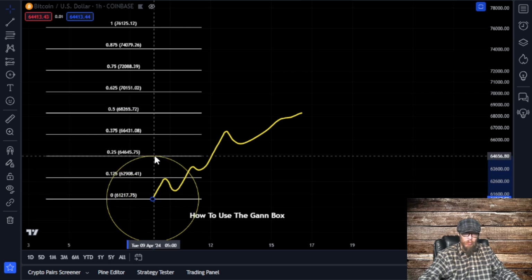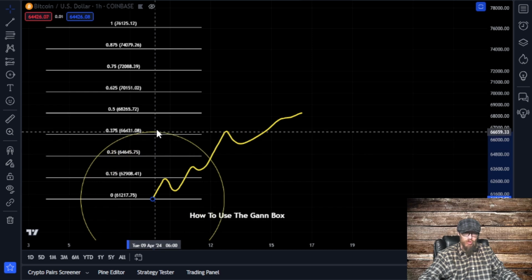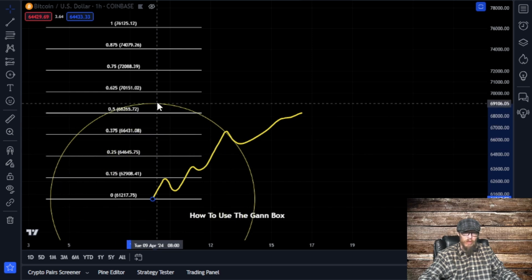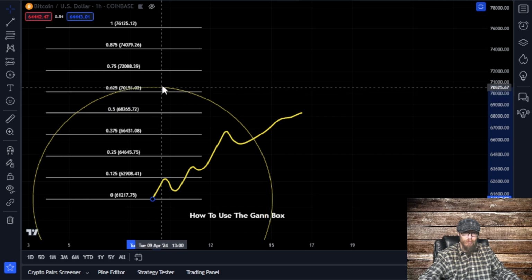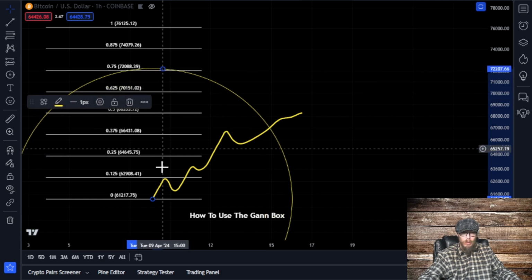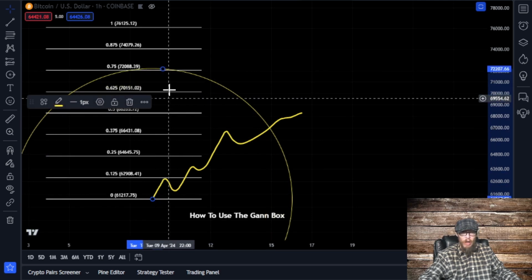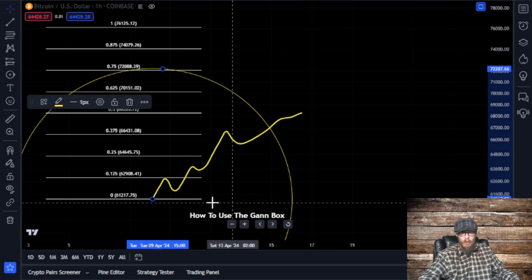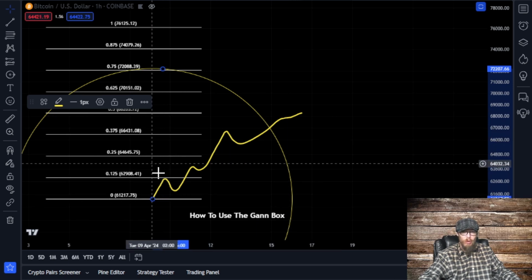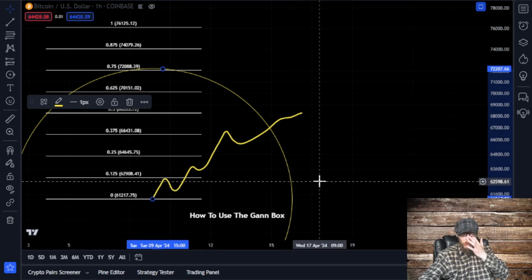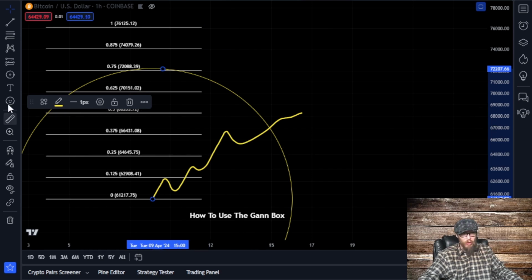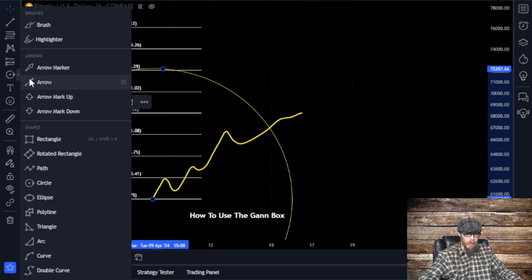And then now as we move this up, it's going to be showing us that rise versus run relationship. If we rise this much, rise equals this much run, this much price increase over this much time, which is essentially the same thing that the Gann Square shows you.